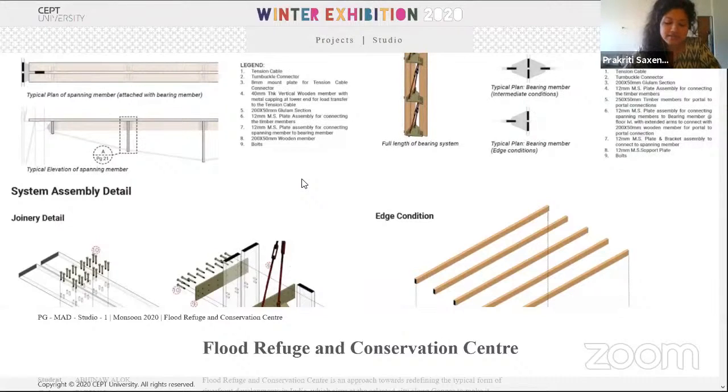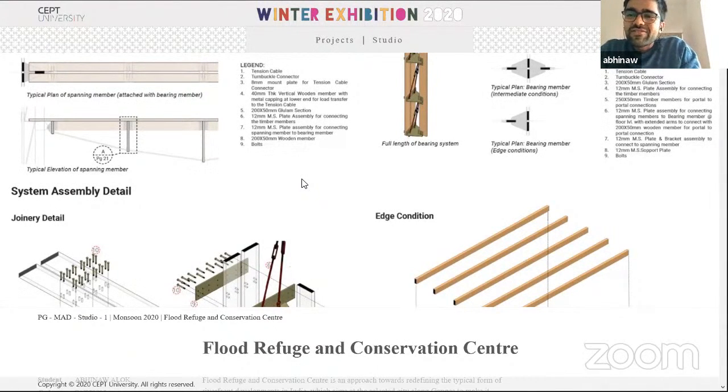Representation and communication of the expressive dimension of detail was a partner to space. So this was the overall idea with which the students were asked to engage with designing detail and then using the detail as an expression of architectural language. Yeah, so coming next to my project.